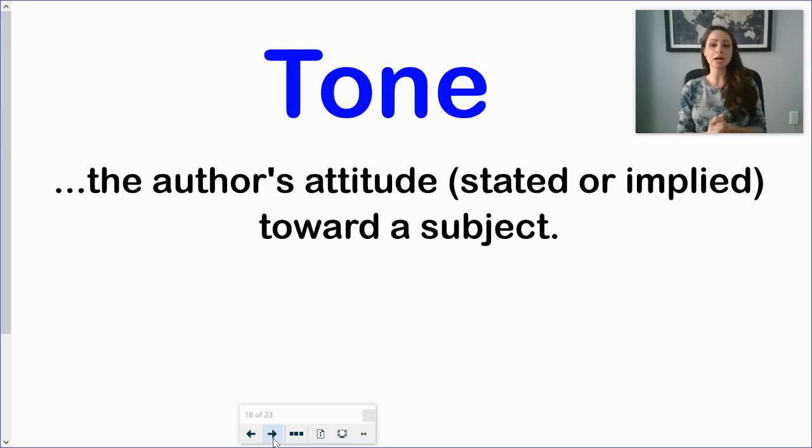Authors sometimes will imply things, almost like I'm hinting at my opinion toward something. I'm hinting at my attitude, but I'm not going to directly tell you. So again, the tone can be stated directly or it can be hinted or implied. It's basically the author's attitude towards a subject, usually toward what you're reading about. So mood is me, tone is the author's attitude.